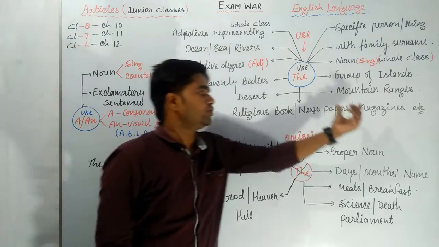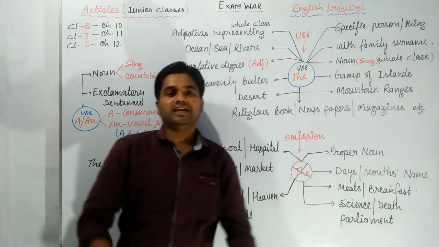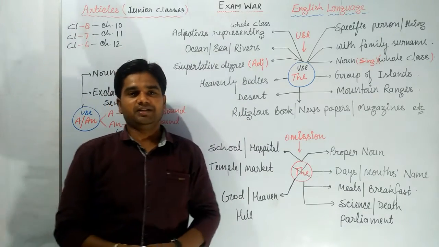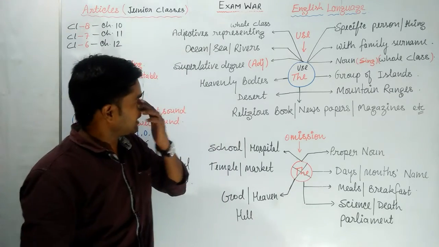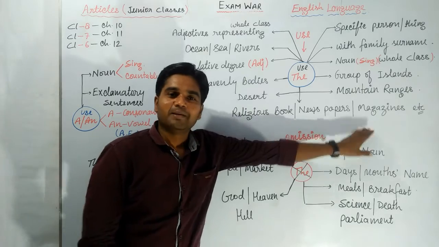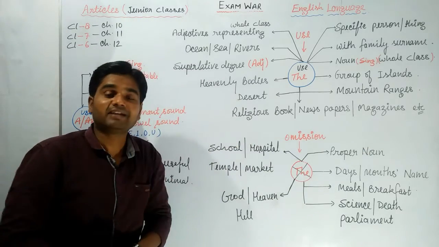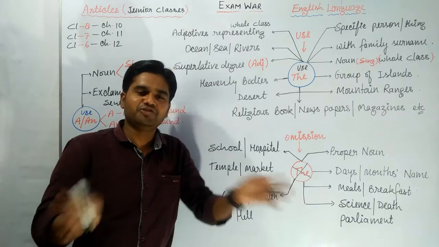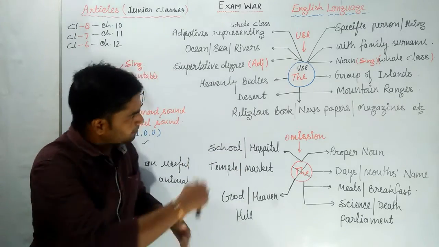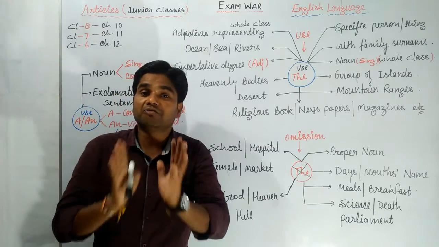Article the is also used before magazines like the India Today, the Outlook. But not before magazines which are very ordinary or common, like the Sarasali. We do not use article the before such magazines which are not famous.